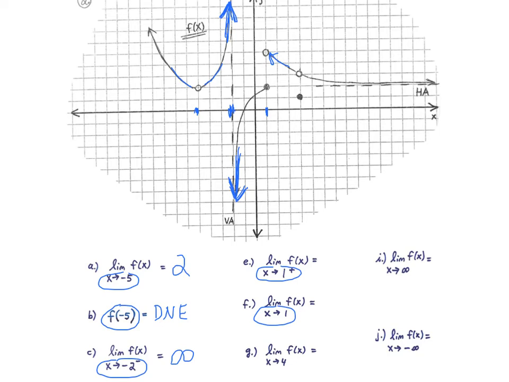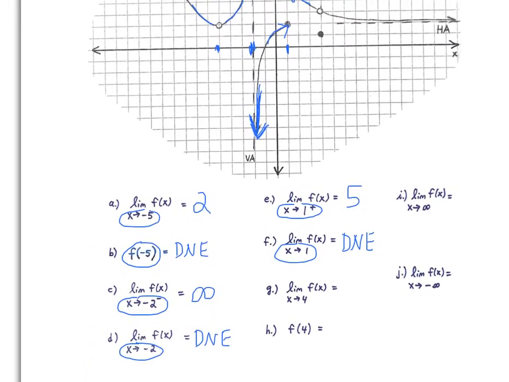We are simply concerned with the height. 1, 2, 3, 4, 5. It appears to have a height of 5 as we approach it from the right. Now, overall, as we approach 1 from each side, that's going to be does not exist, because if we were to approach 1 from the left, the limit there would be 2. And 2 and 5 are a mismatch, so does not exist would be our limit.